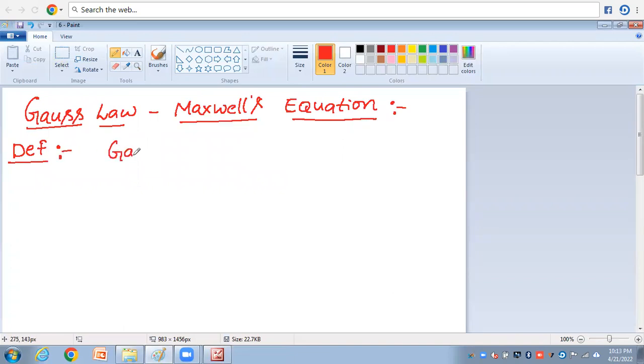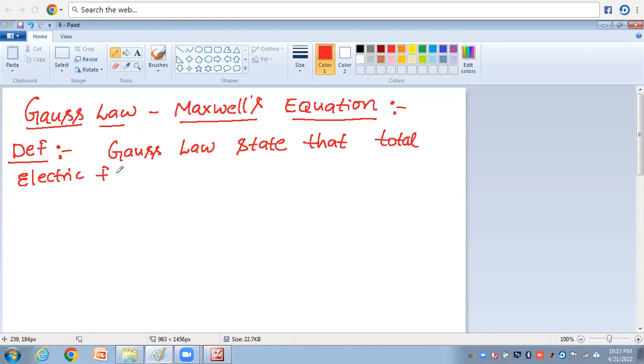Gauss law states that the total electric flux, denoted with psi, through any closed surface.